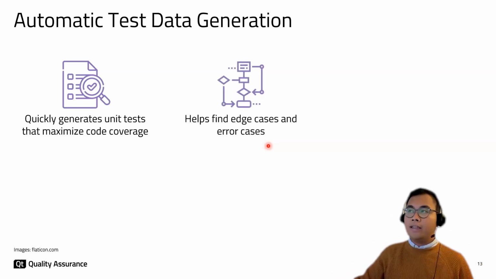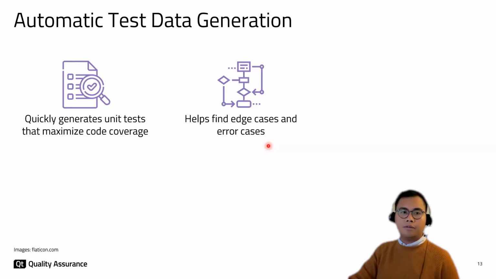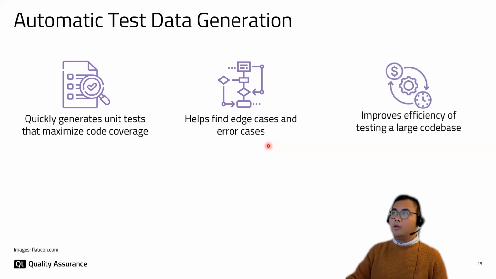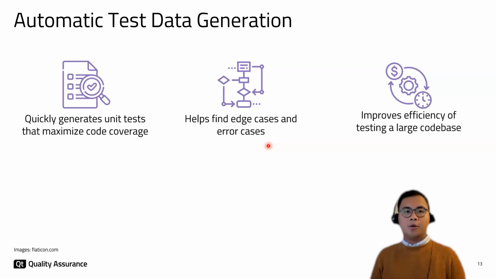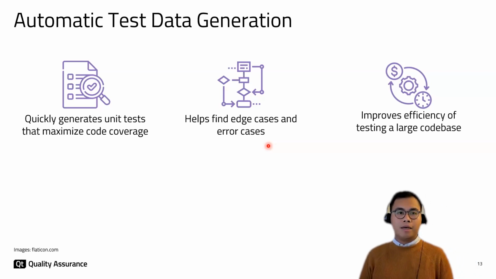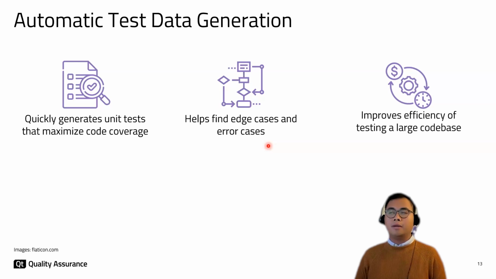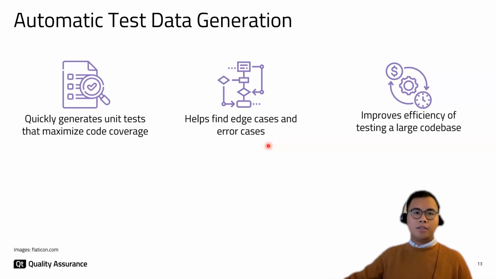And it also helps find edge cases and error cases by using input data that the user may not have thought of. And it also improves the efficiency of testing a large code base. This is shown by the creation of the test data, because manual creation of test data can be very time-consuming. What automatic test data generation does is speed up the testing process by producing a variety of test cases quickly.